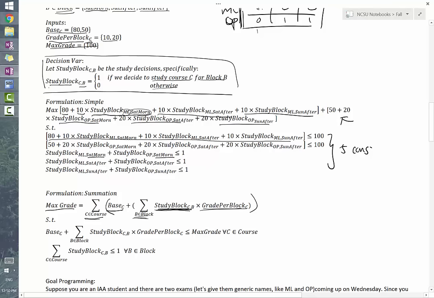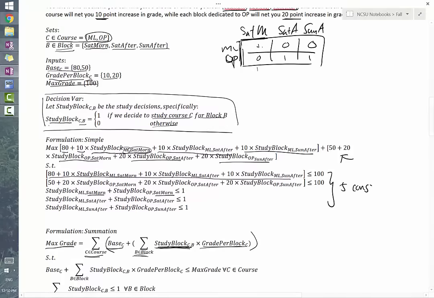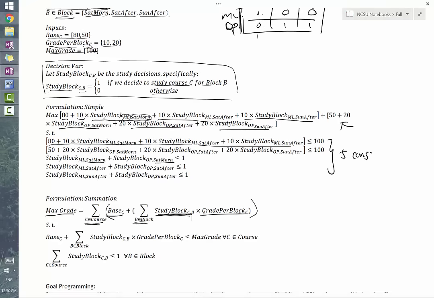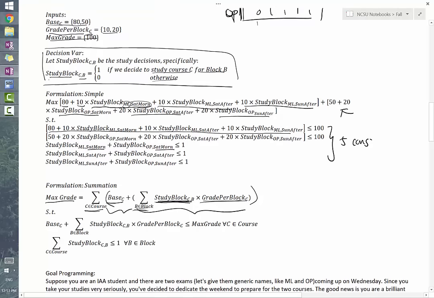What are we doing by summing over all blocks? By summing over all blocks, we are finding the total number of blocks where you studied ML, sorry, not machine learning, nobody is talking about machine learning. And this gives you the incremental grades you're earning from studying, and this is your base grades, so that gives your total grades. Again, we're maximizing total grades.